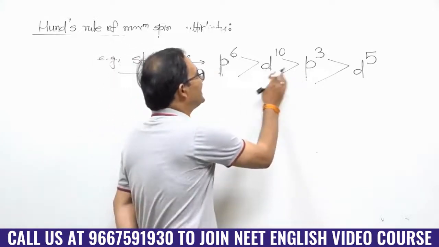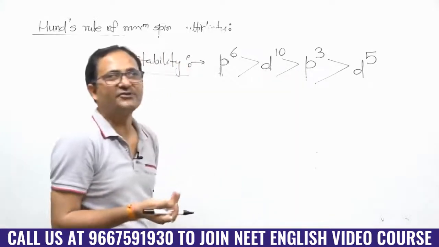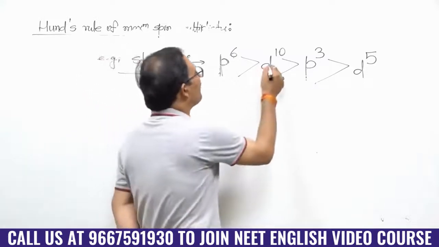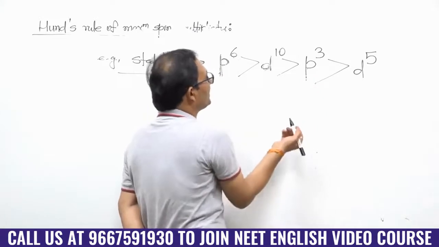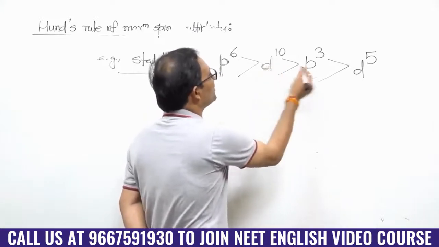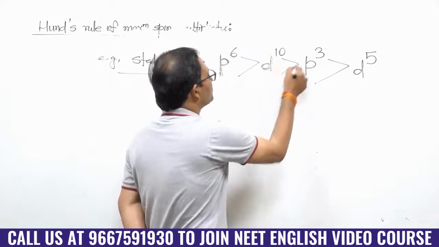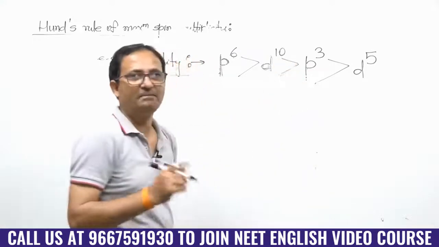Now in both these, the number of exchanges will dominate, and obviously D10 has 20 exchanges, P3 has only 3. So here the number of exchanges will dominate over the position, and so D10 is more stable than P3.